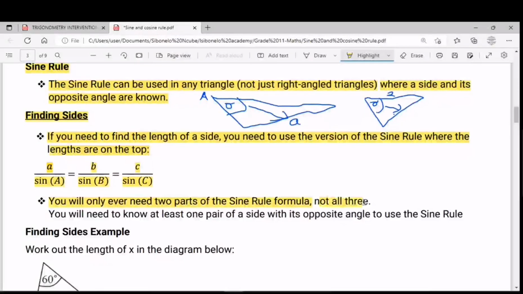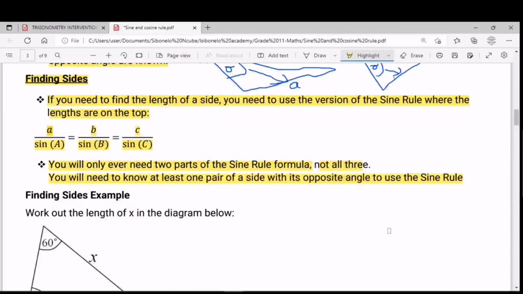So you don't need all 3. You will need to know at least 1 pair of a side with its opposite angle to use the sine rule. As we already explained, you need one of the sides you have to be opposite its angle.